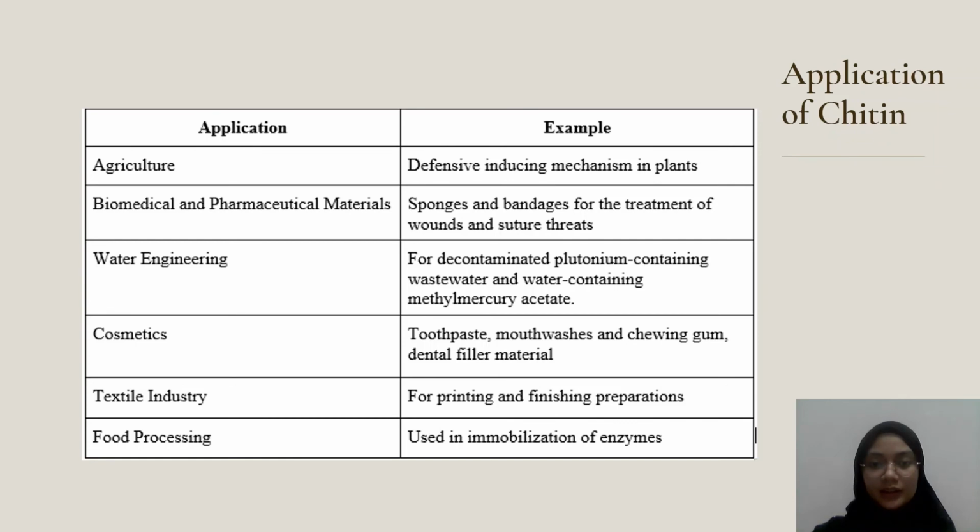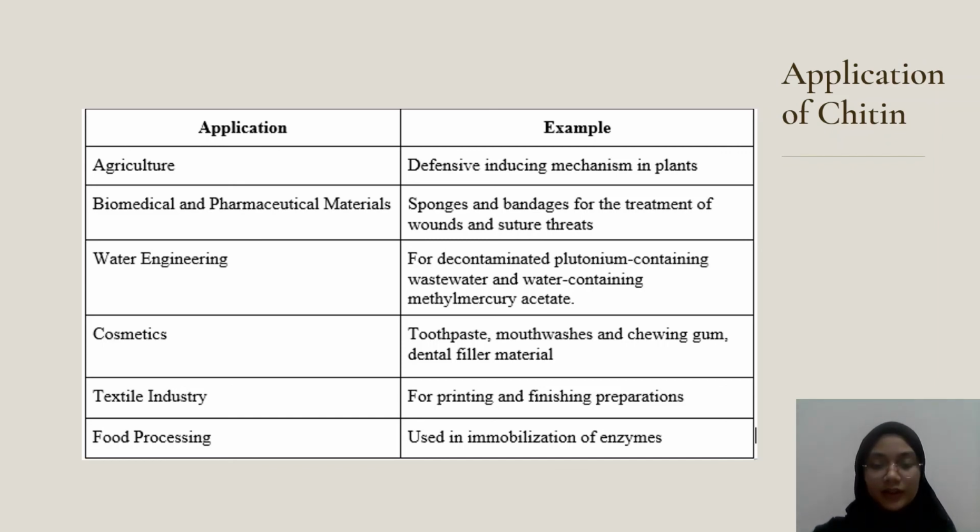In agriculture, chitin is used as a defense-inducing mechanism in plants. In biomedical and pharmaceutical fields, chitin is used in sponges and bandages for the treatment of wounds and in sutures.